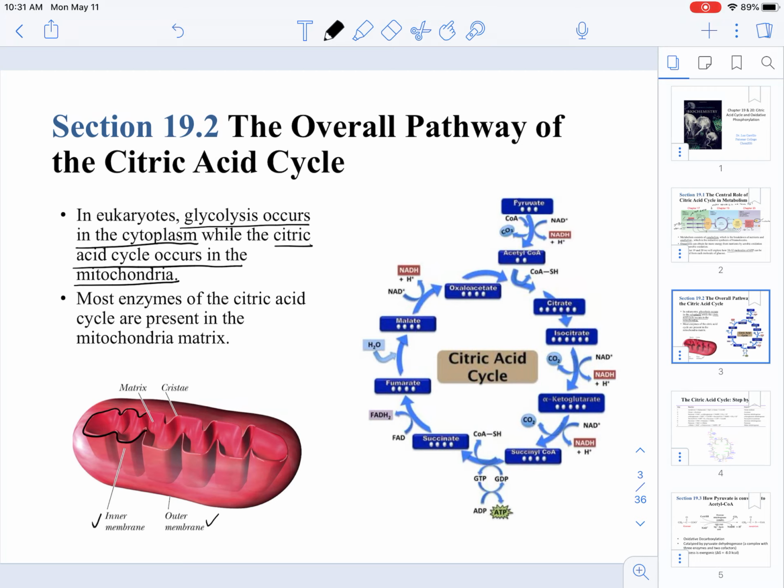It's going to have cristae, and cristae are the crests that are present in the inner membrane. And then the space inside the inner membrane of the mitochondria, that's what is known as the matrix.